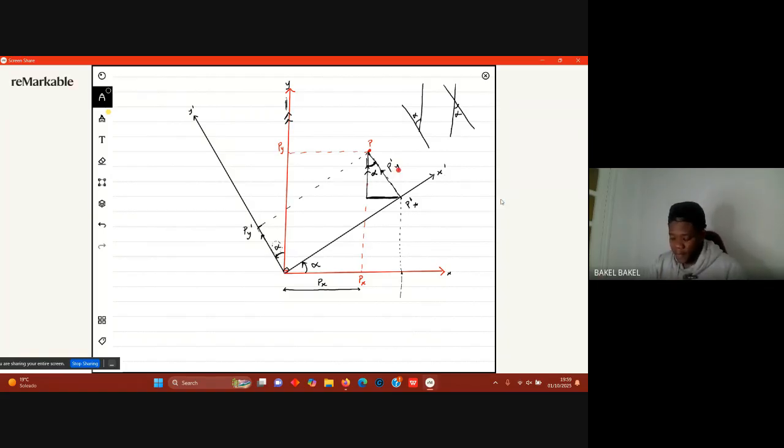Now this is py. You can see now that this line would be py sine alpha, because this is py, this is alpha, and then normal trigonometry, meaning this particular place is py sine alpha.